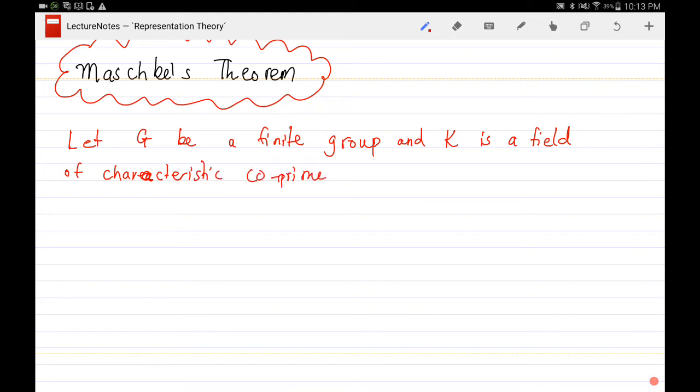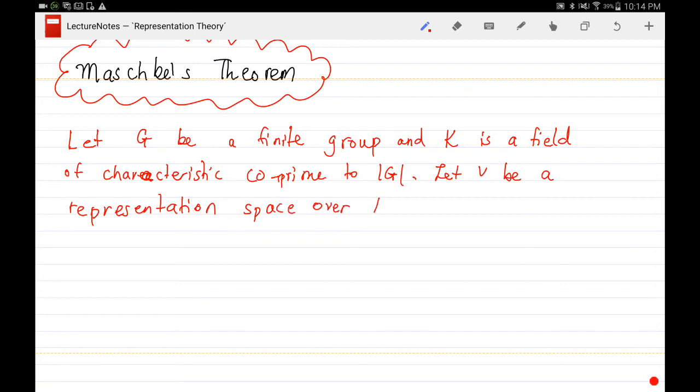Let V be a representation space over K, and U a sub-representation space.